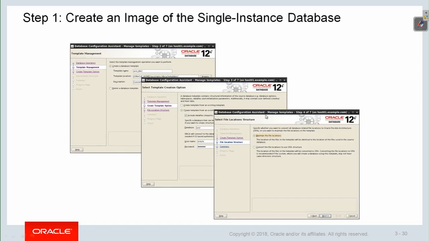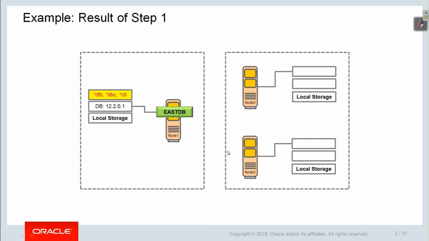So we will create an image of a single database in the template format. So finally, in the local storage, in the standalone server, you will have files with the extension DFB and DBC and CTL files. Okay?